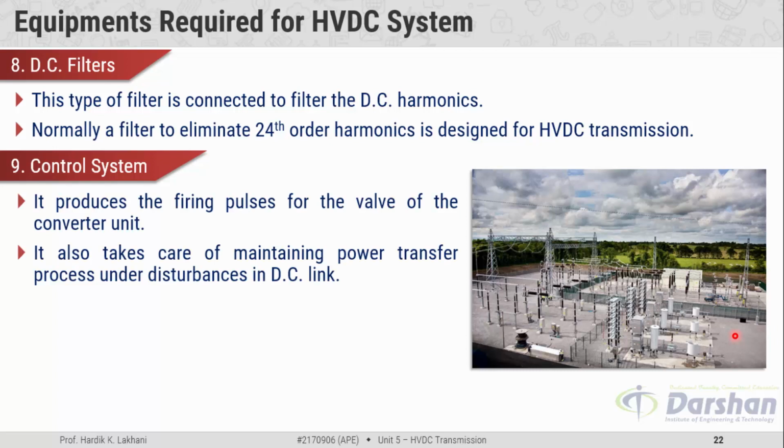It produces the firing pulses for the valves of the converter unit, for the rectifier unit present at bus 1 and the inverter unit present at bus 2. It also takes care of maintaining the power transfer under disturbances in the DC link. Right? So if there is a disturbance in the DC link, it maintains the power transfer between the two stations.